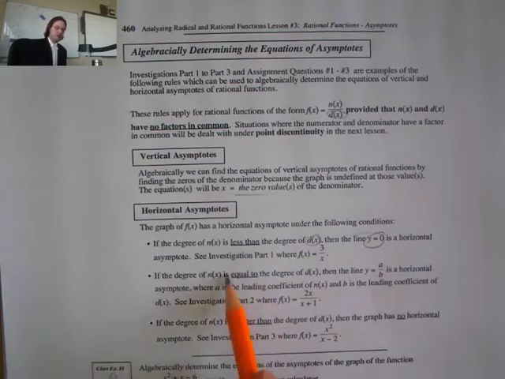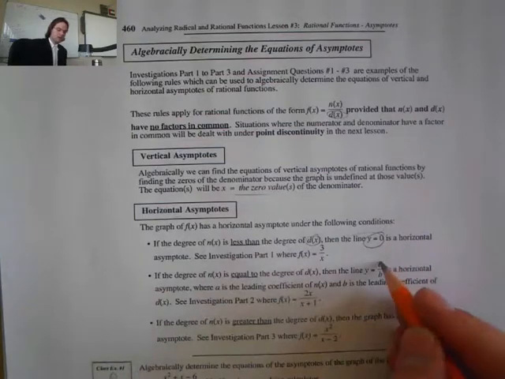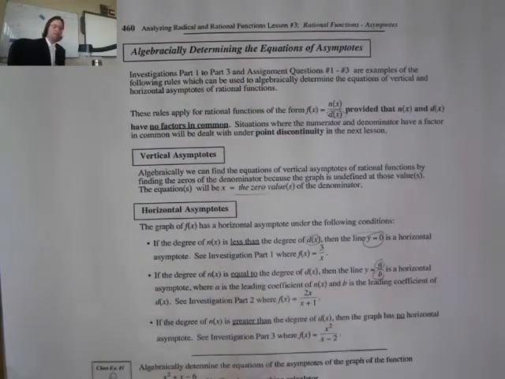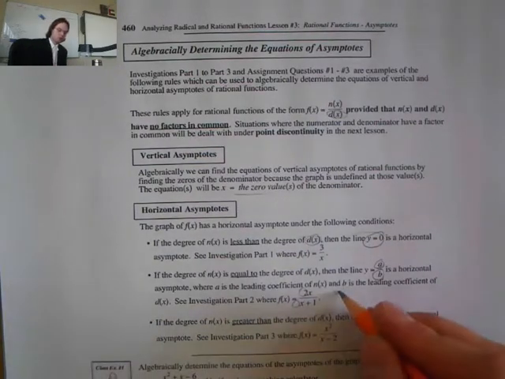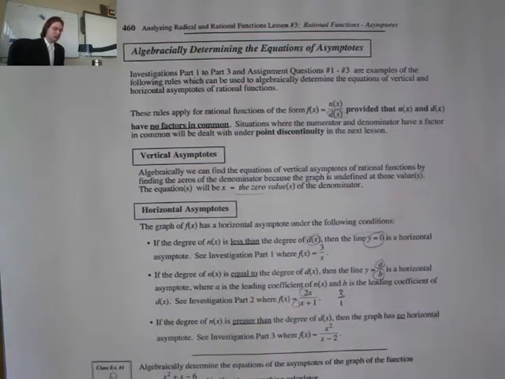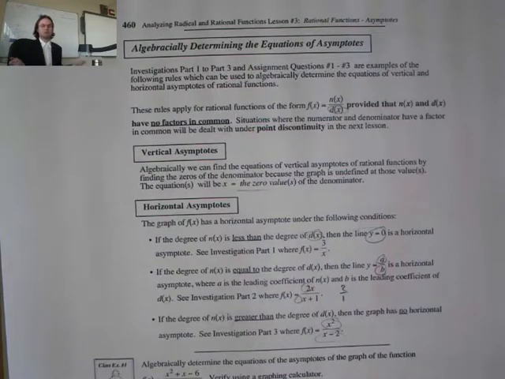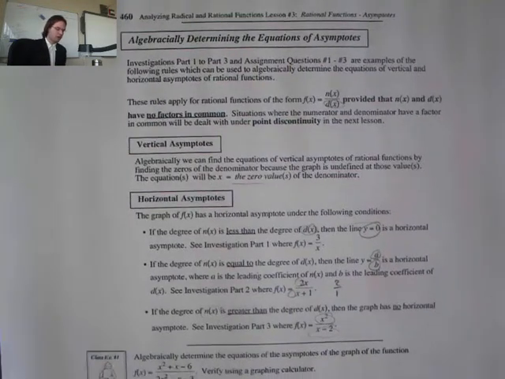If my degrees are equal, I take the leading coefficient of my numerator and divide that by the leading coefficient of my denominator, and that will give me my horizontal asymptote. So this one will be 2 over 1. If the degree of the numerator is bigger than the degree of the denominator, then there's no horizontal asymptote.